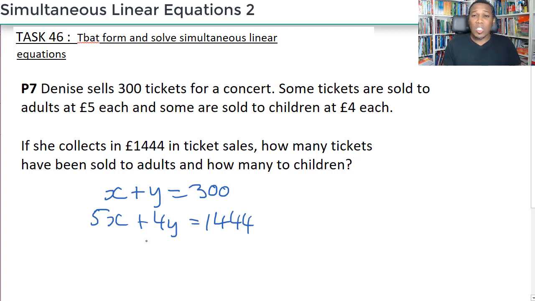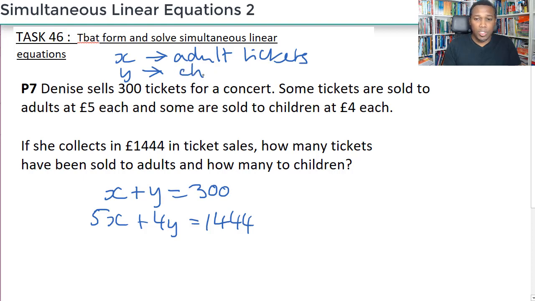Your job is to solve this pair of equations. Let X be the number of adult tickets, and Y will be the number of children's tickets.